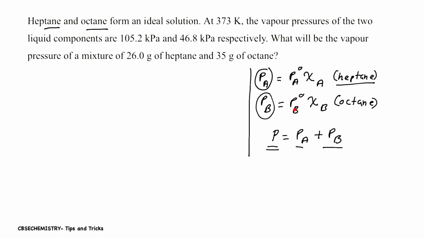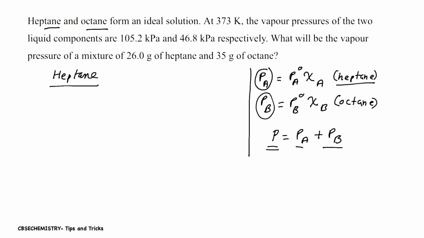So we know this value, Pa standard and Pb standard. So once you find chi A and chi B, we can find Pa and Pb, right? Once you find Pa and Pb, we can find the total vapor pressure of the mixture. Hope you understand. Once you find Pa and Pb, just add it. You will be getting the total vapor pressure of the mixture.